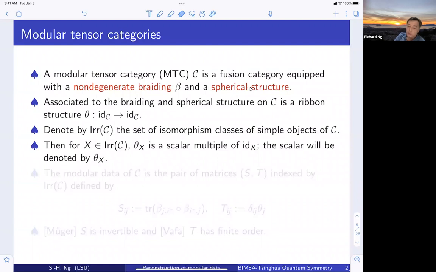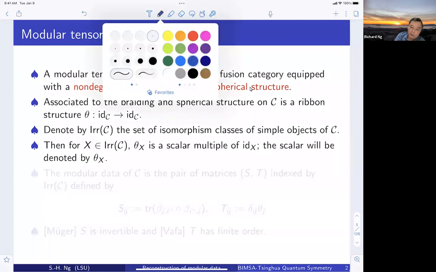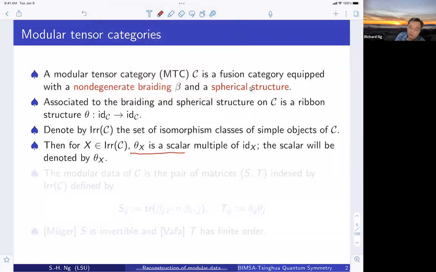So we usually denote the scalar also by theta_X. So theta_X has two meanings here: one meaning is the morphism, and the other is the scalar multiple of the identity. I think in general it won't be confusing, but at the beginning it may be.